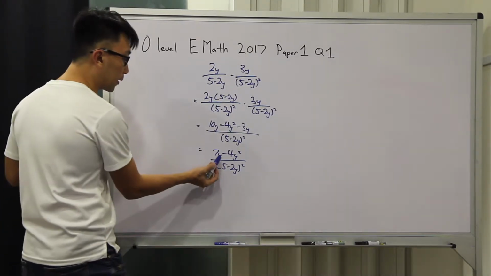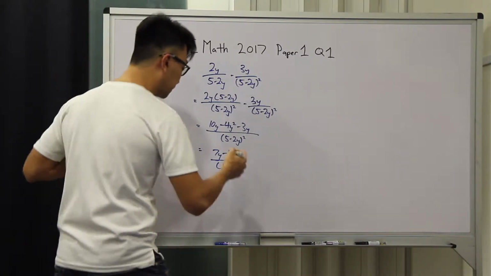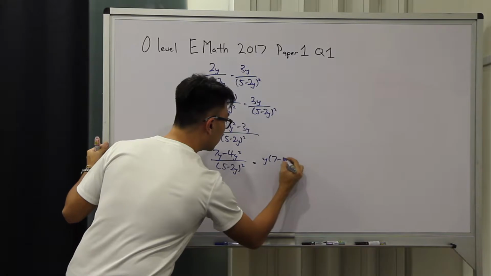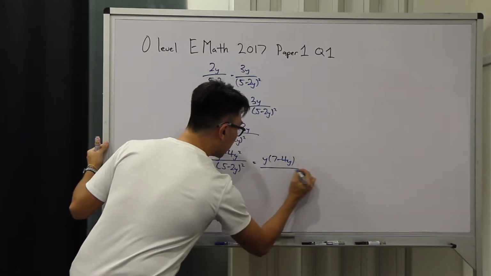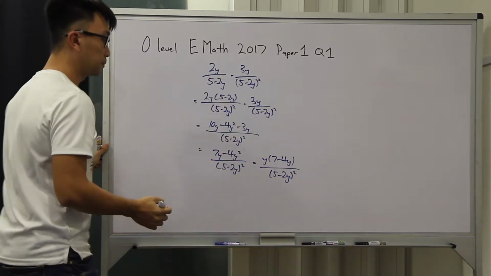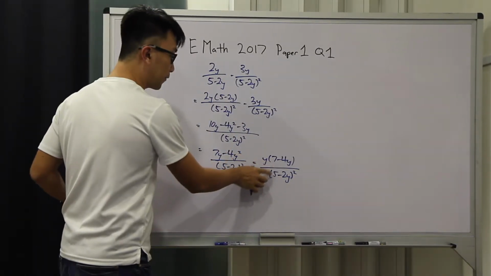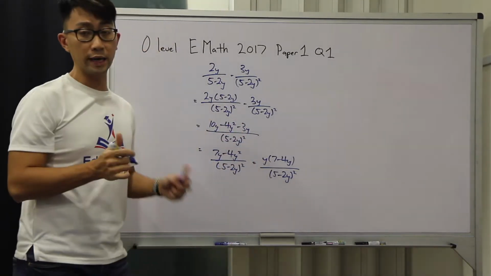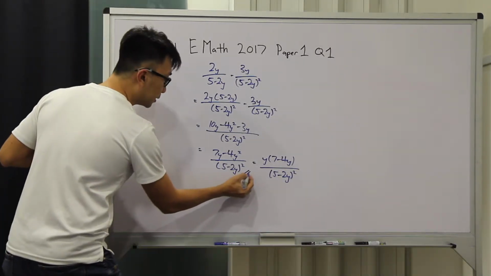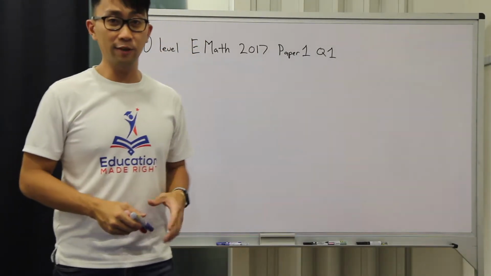So imagine that we factorize out the y. That will give us y(7 - 4y)/(5 - 2y)². And we realize that the factors are not the same, so we cannot further simplify, and therefore we'll leave the answer as this.